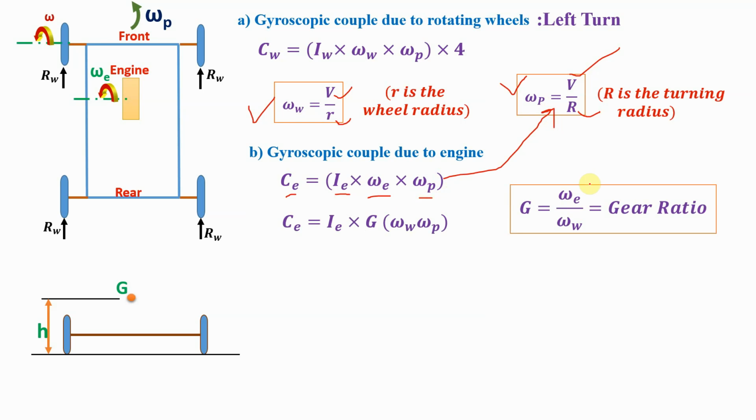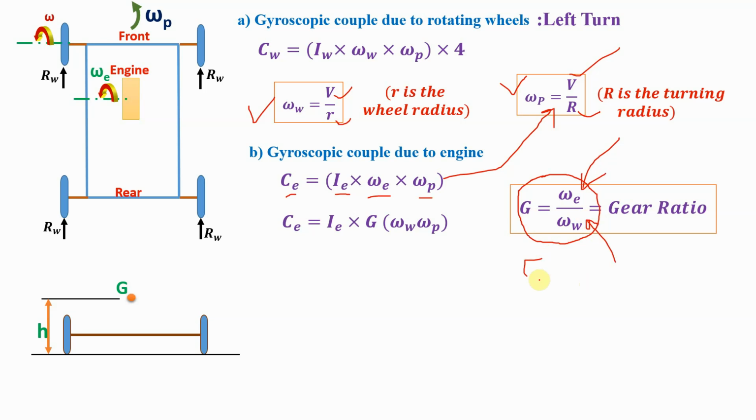Now if G is the gear ratio between engine and the wheels, G will be equal to omega E upon omega W. You will remember that G is always greater than 1. So engine speed is always greater than the speed of wheels, because we reduce the speed using transmission system.